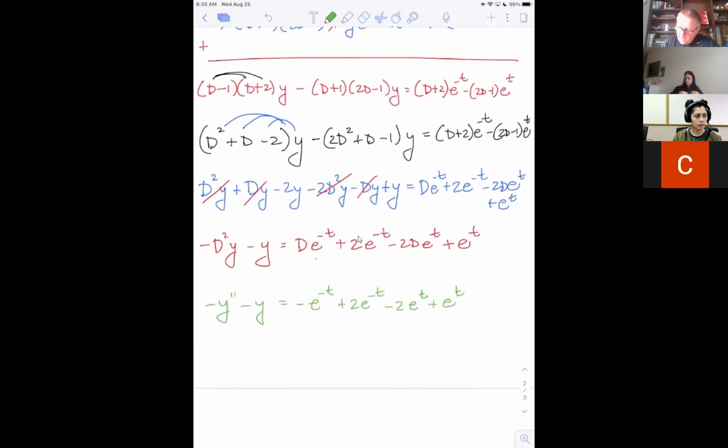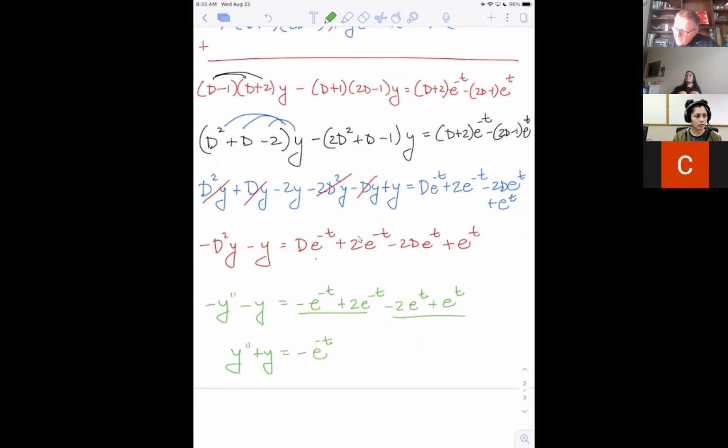And let's see, I don't like negative signs, so I'm going to do two things at once here. I'm going to collect the junk together on the other side. That would be plus negative e to the negative t plus 2e to the negative t would be plus 1e to the negative t, but I just multiplied both sides by negative 1.